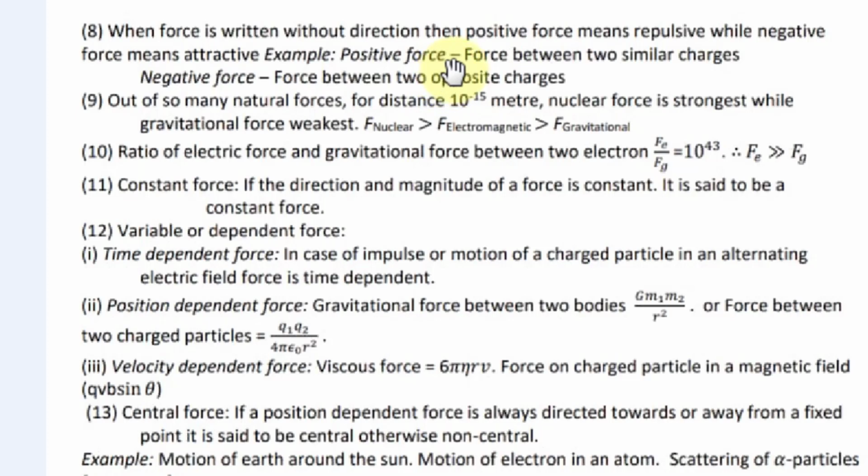Between positive charges, repulsion will be there. Whereas there is always attraction between positive and negative charge. So when a force is written without direction, positive force means repulsive and negative force means attractive. Positive force always means repulsion and negative force means attraction.